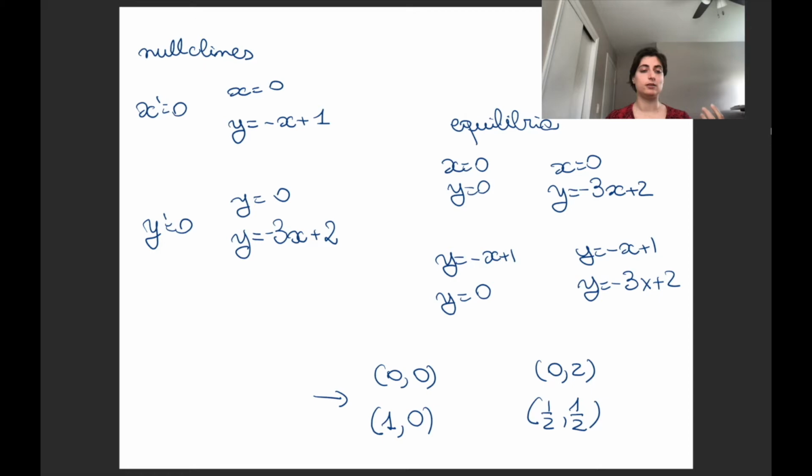So we have x equal to 0, y equal to 0, x equal to 0, y equals minus 3x plus 2. We have y equals minus x plus 1 matched with y equal to 0, and then matched with y equals minus 3x plus 2. So we solved that and we found 4 equilibria: (0, 0), (0, 2), (1, 0), and (1/2, 1/2).